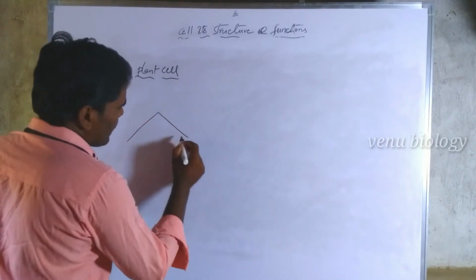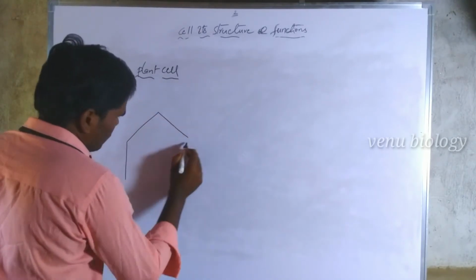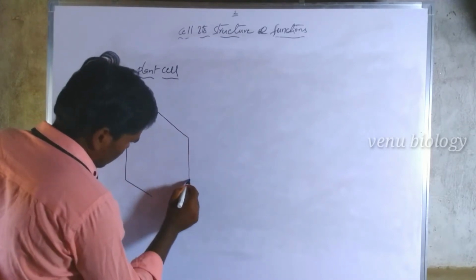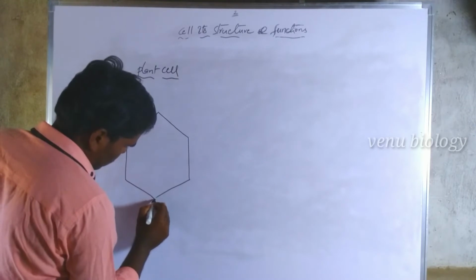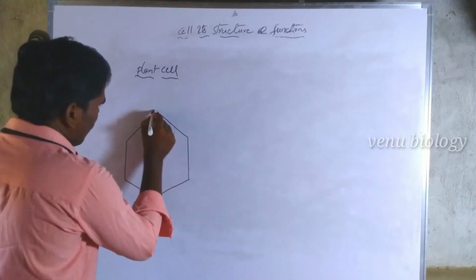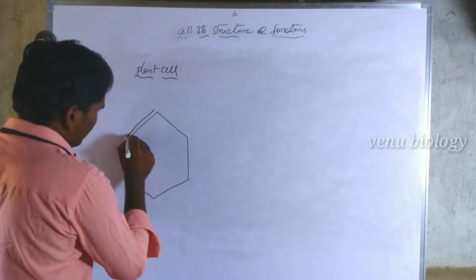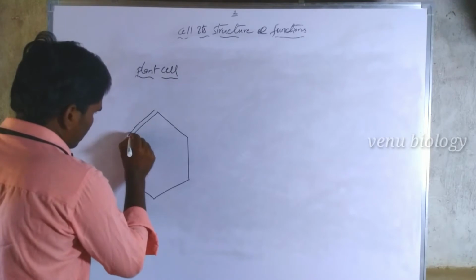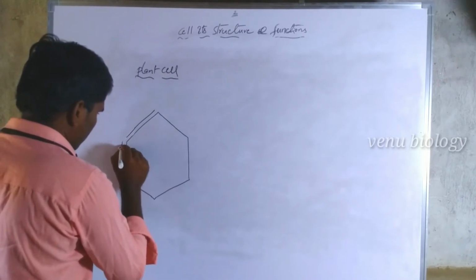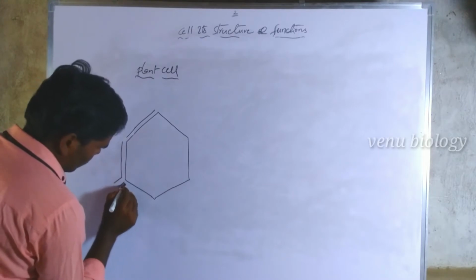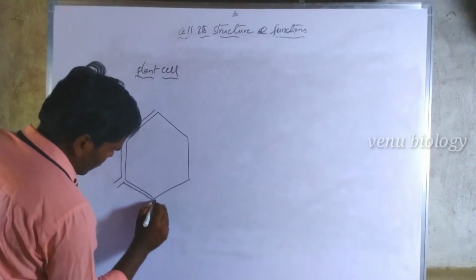The plant cell has a hexagonal shape. The plant cell is covered by a thick, tough layer, that is the cell wall. Here we draw the thick layer, that is the cell wall.